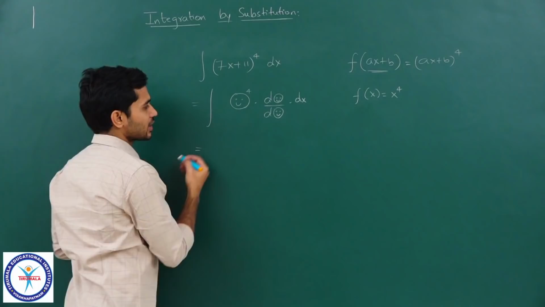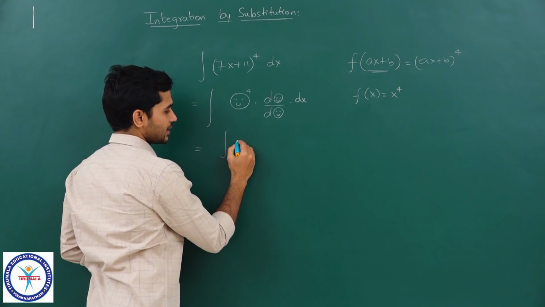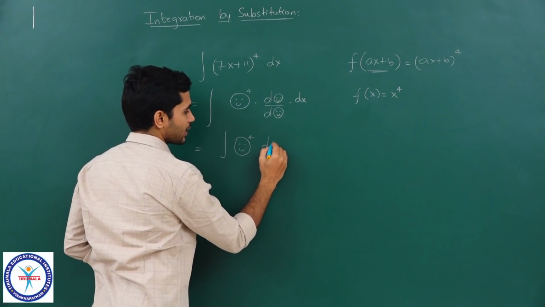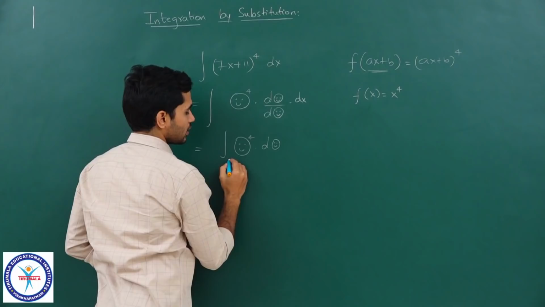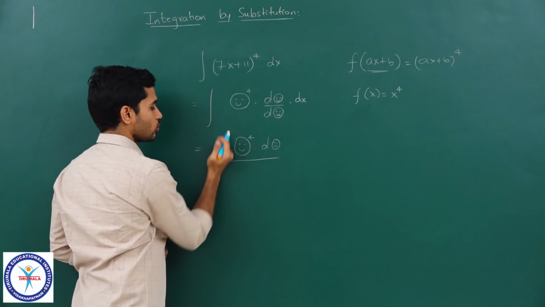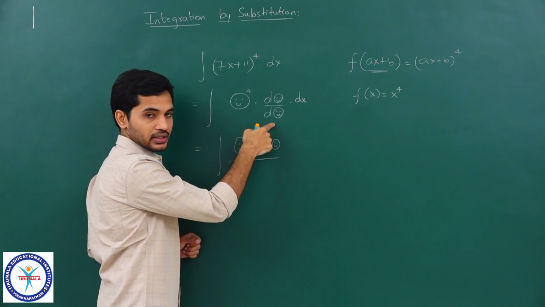Now, in this particular scenario, I can write this as integral of Smiley power 4 into d Smiley, divided by, this dx I will take to the denominator.